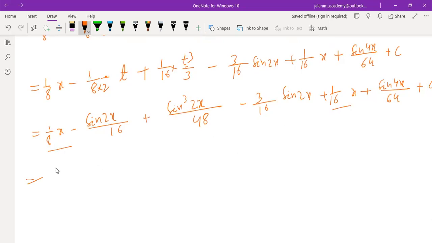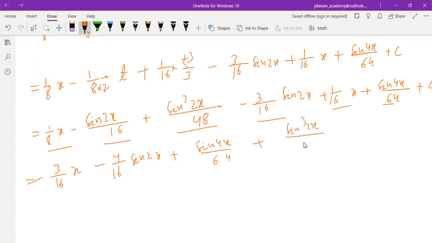2 by 16 plus 1 by 16 is 3 by 16x, minus sin 2x by 16 minus 3 by 16 sin 2x is 4 by 16 sin 2x, plus this one sin 4x by 64 plus sin cube 2x by 48 plus c.